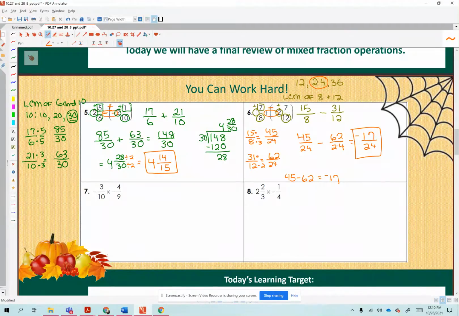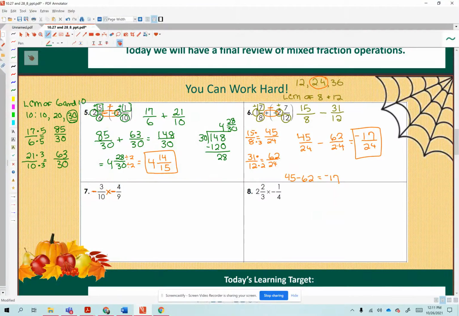So moving on to number 7, we see that this is a multiplication problem, and we're multiplying a negative times a negative, and a negative times a negative will produce a positive result. So our answer will be positive. The first thing we do is we look to see if we can cross-simplify, more like cross-division.